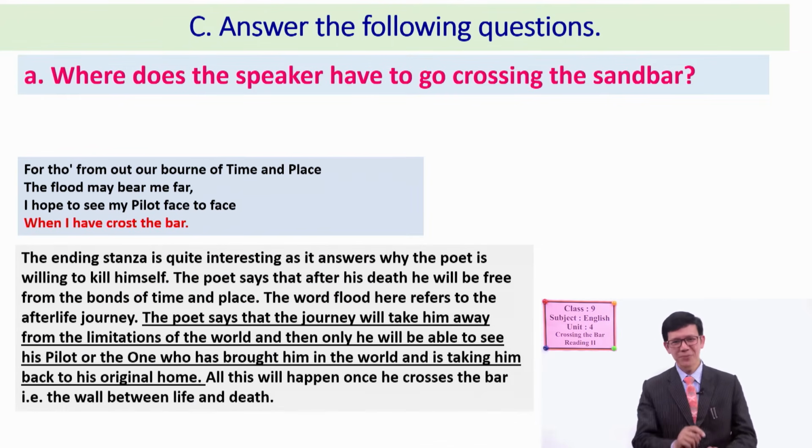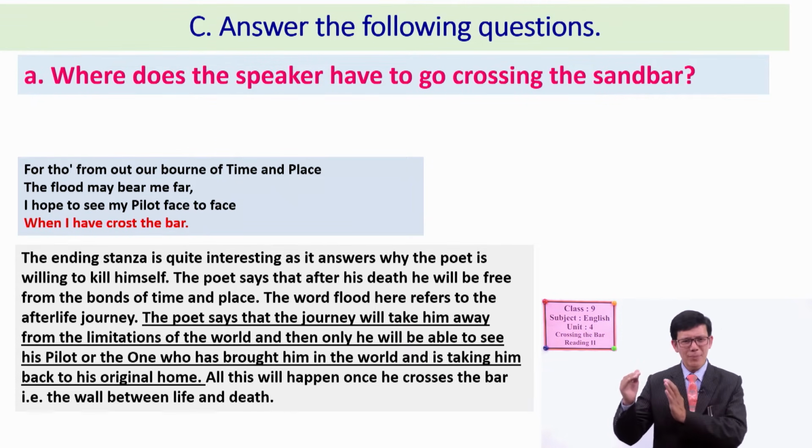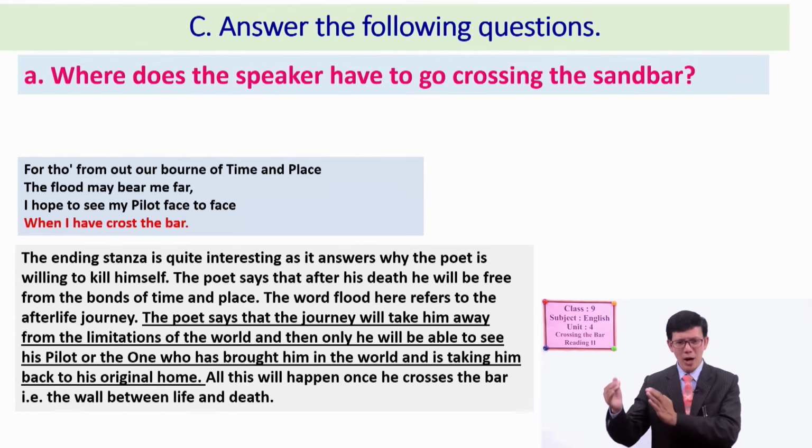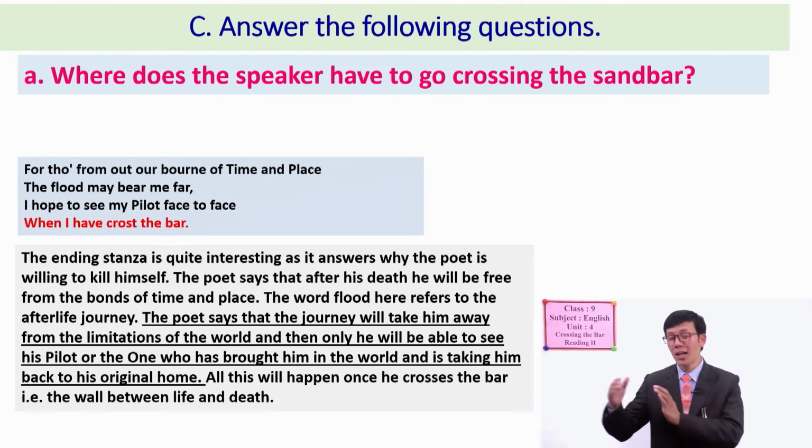You can just read there the idea. The poet says that the journey will take him away from the limitations of the world, and then only he will be able to see his pilot, or the one who has brought him into the world and is taking him back to his original home.